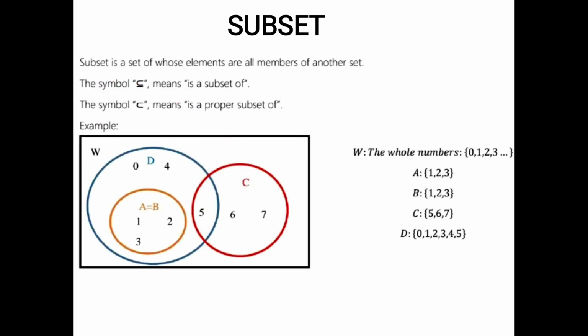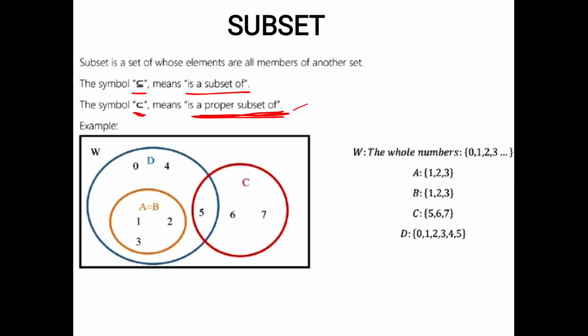So a subset is a set whose elements are all members of another set. So one symbol means "is a subset of," and the other symbol means "is a proper subset of." So again, when you see this symbol, it means a proper subset.